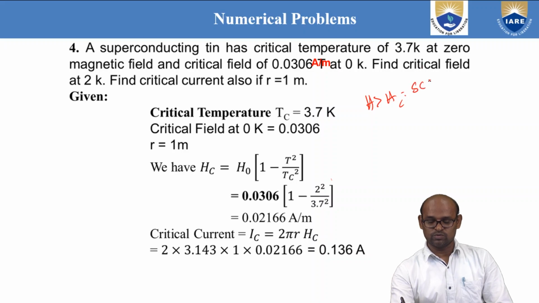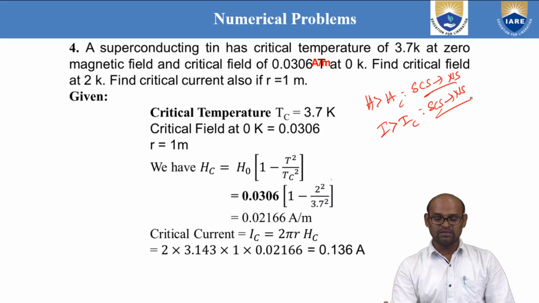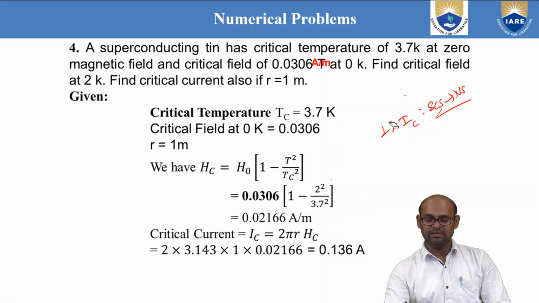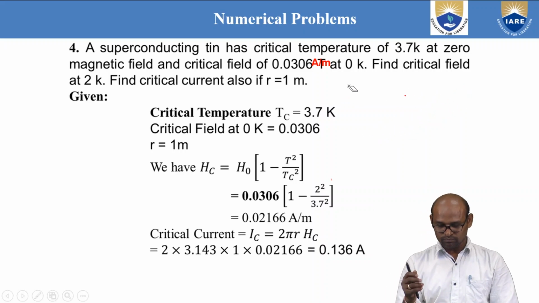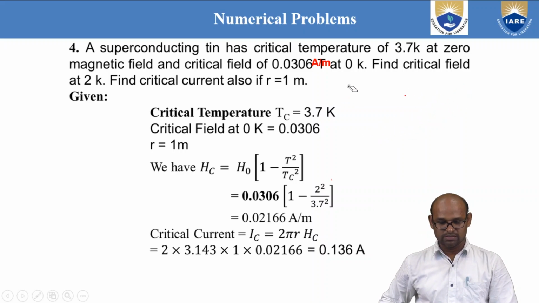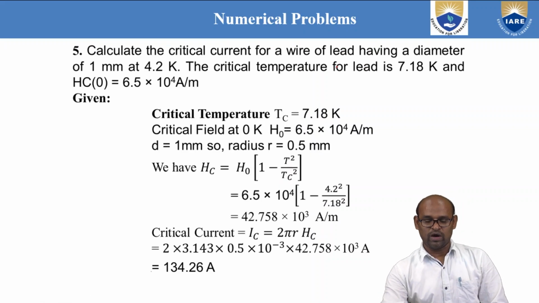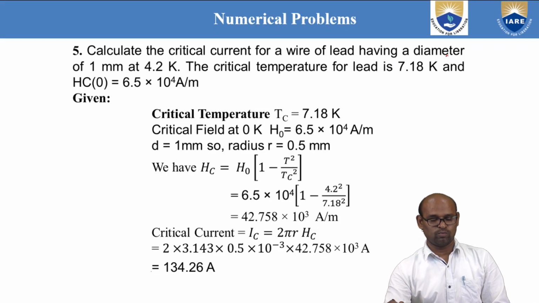And for I greater than IC also, the material will go from superconducting state to normal state. So for this material, we have calculated the critical magnetic field as well as critical current. Okay, let us go into the next problem: calculate the critical current for a wire of lead having a diameter of 1 millimeter at 4.2 Kelvin.